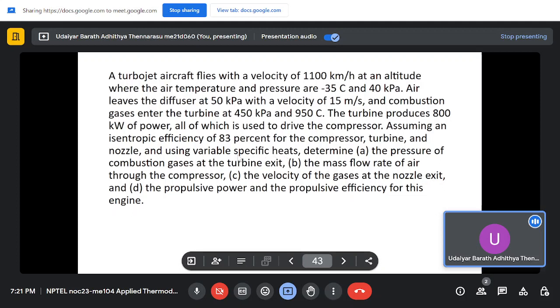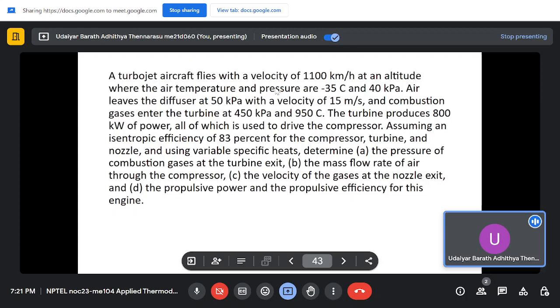Using variable specific heats, we'll take the values straight away from the ideal gas table of air. Instead of assuming Cp as constant and enthalpy just a function of temperature, we can find enthalpy and everything from the table, just like what we did in the previous week.